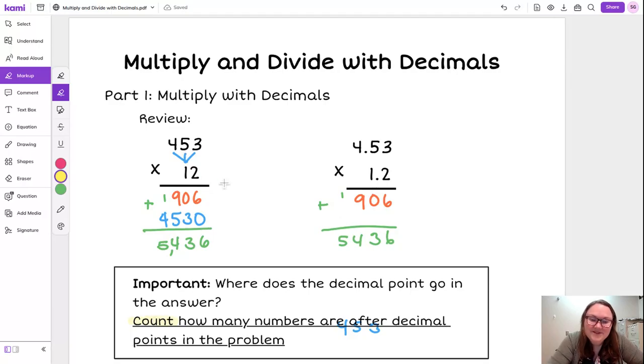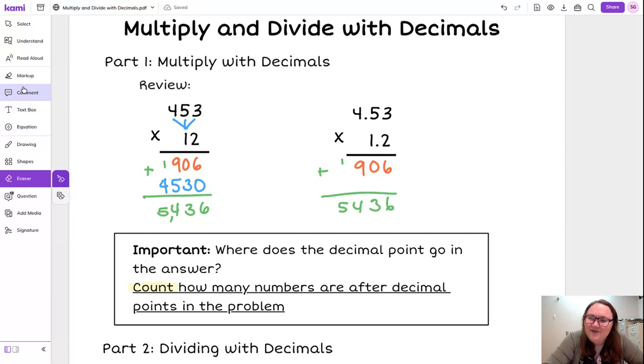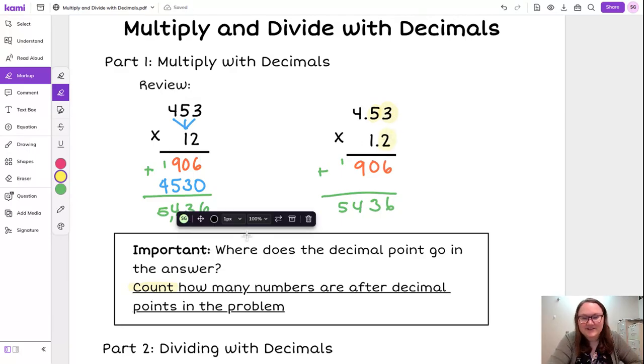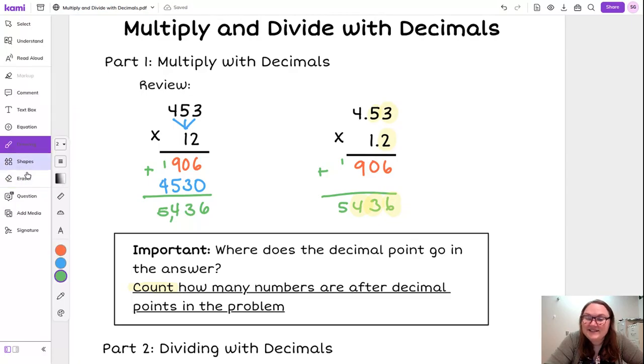For multiplication, the way we decide where the decimal point goes in the answer is we are going to count. Count how many numbers are after the decimal point in the problem. So in this problem, I see 1, 2, 3 total numbers that are after our decimal point. So that's going to mean I need 1, 2, 3 numbers after my decimal point.